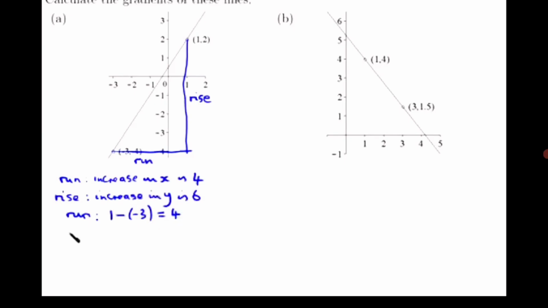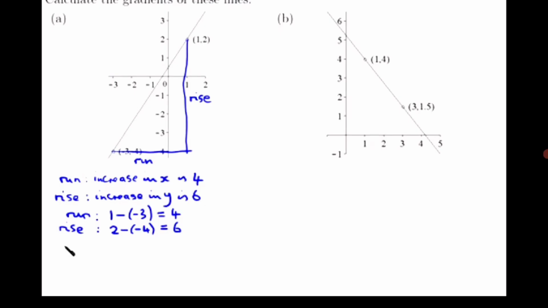And the rise is the y-coordinate of the right-hand point minus the y-coordinate of the left-hand point, and that's 2 minus -4, and that's equal to 6. So either way, we find that the run is equal to 4 and the rise is equal to 6.